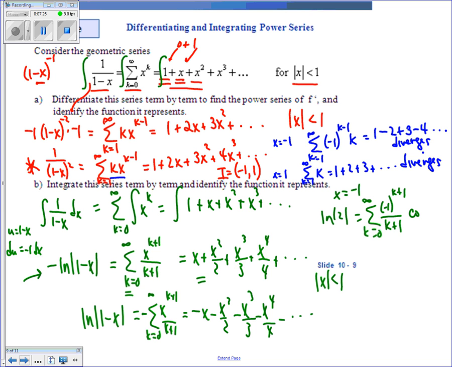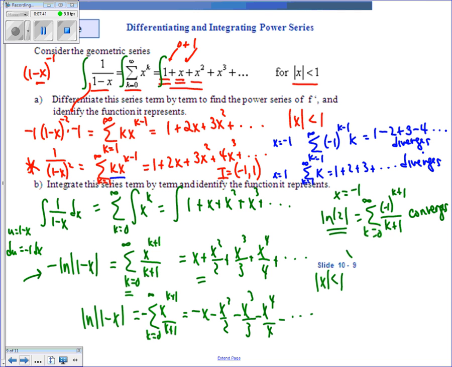So this converges. And actually it converges to natural log of 2. So if you took that form on the right and plugged in negative 1, you'll find out what the natural log of 2 is going to be.